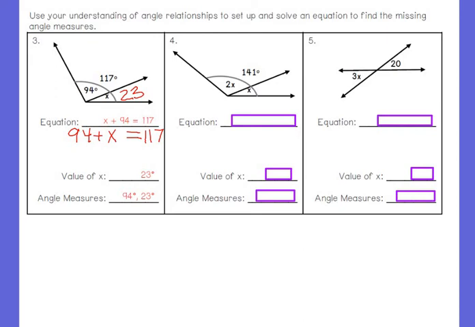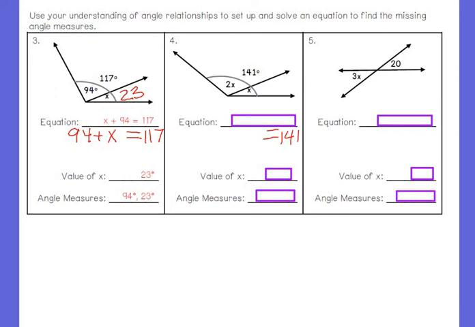Number 4 is a lot like number 3. I see an angle labeled x, an angle labeled 2x, and I see they're saying both of them together will equal 141. So how can I write this equation?